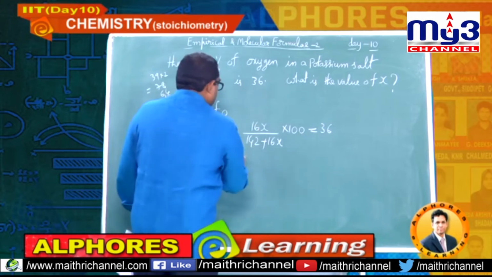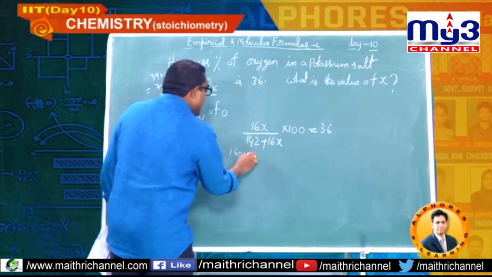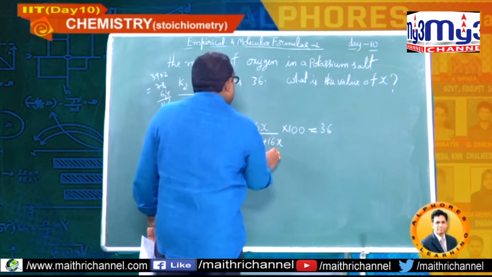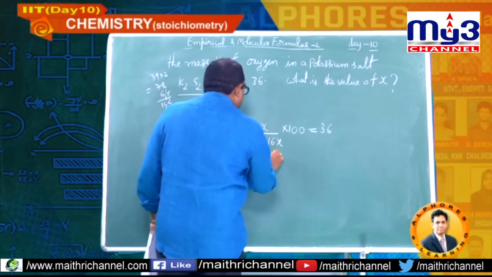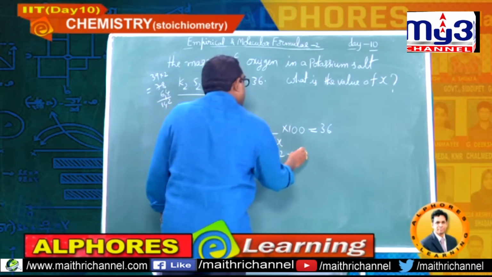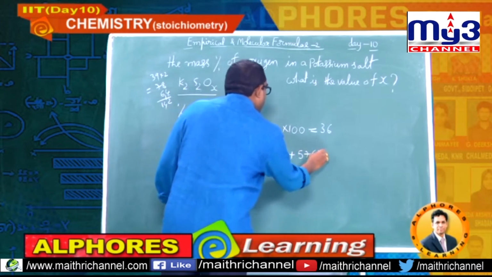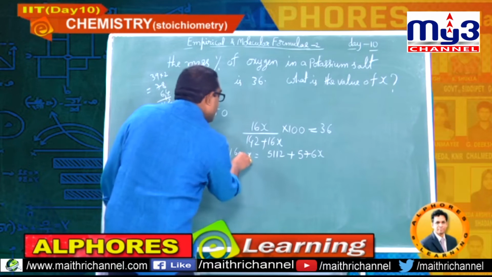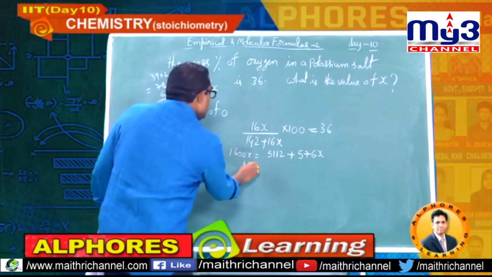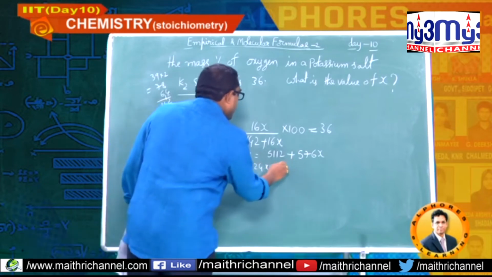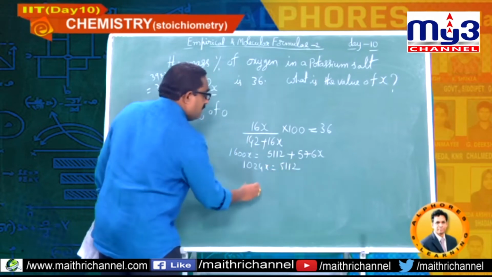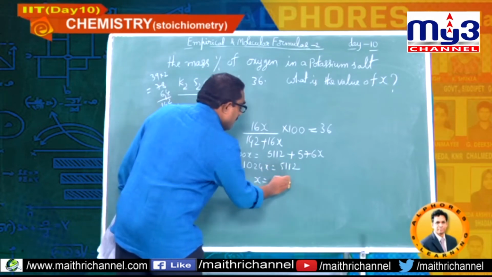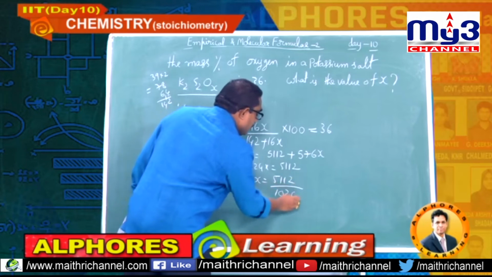Now let us calculate. 1600X equals 5112 plus 576X. Take that to this side. 1024X is equal to 5112. Now, students, X is equal to 5112 by 1024.